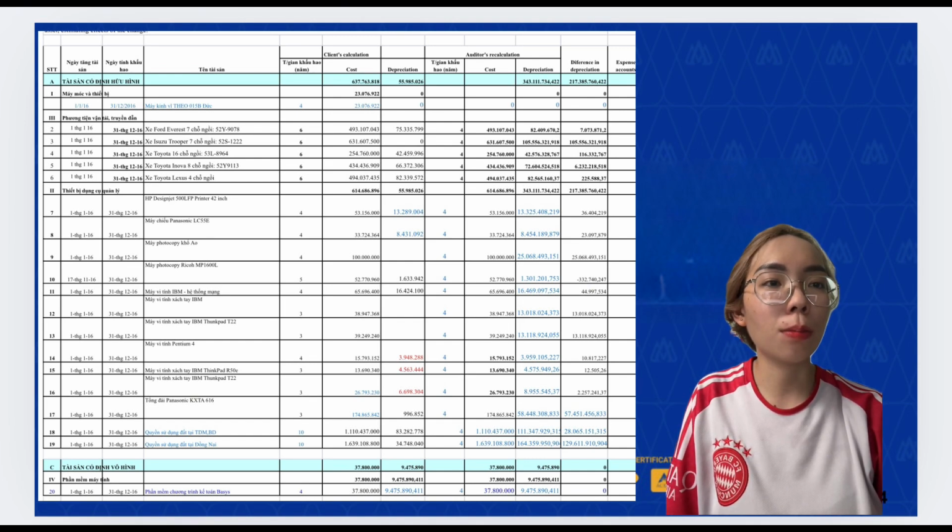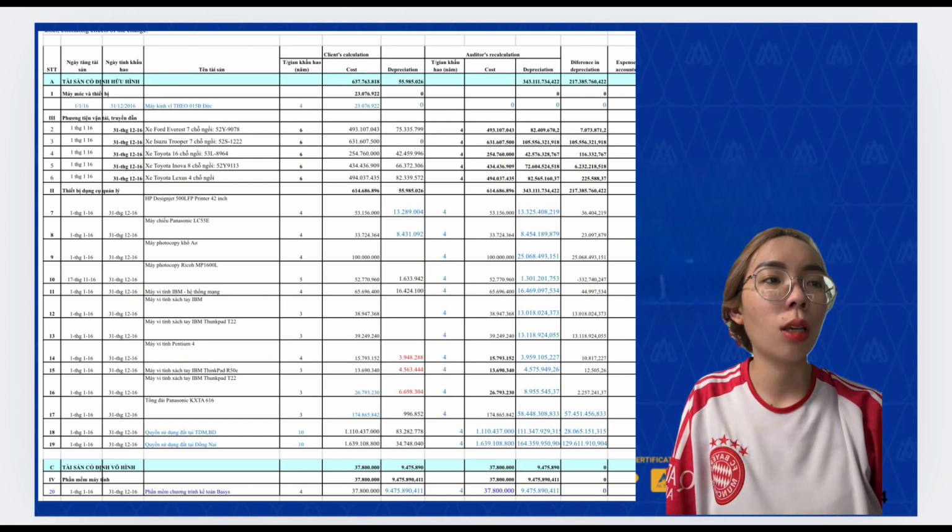The major depreciation gap is about 57.5 million due to incorrect useful life set at 3 years instead of 4.